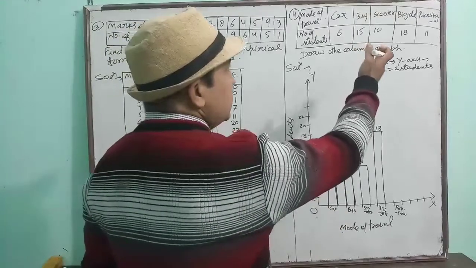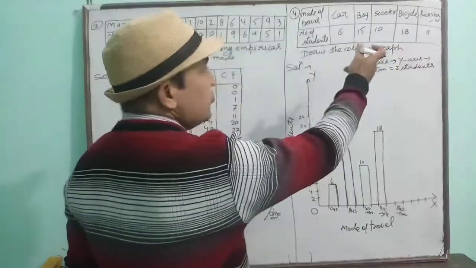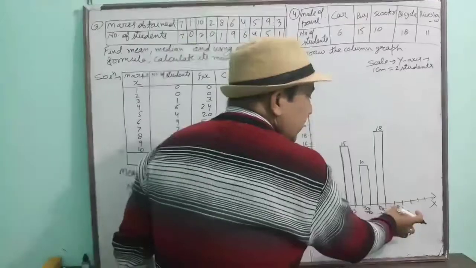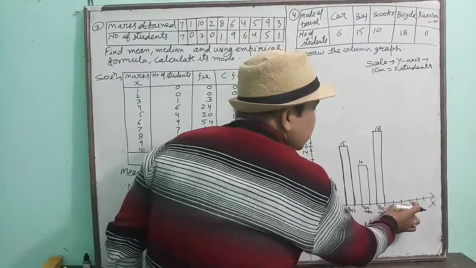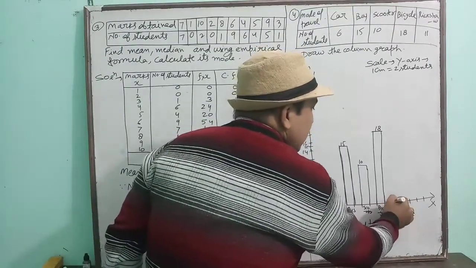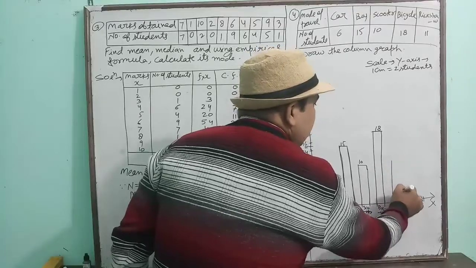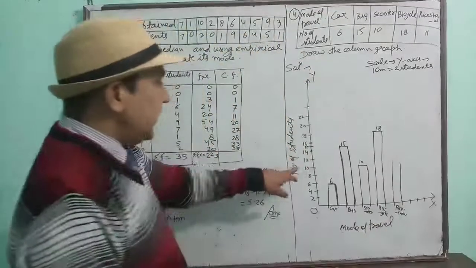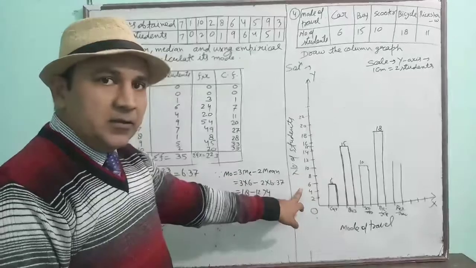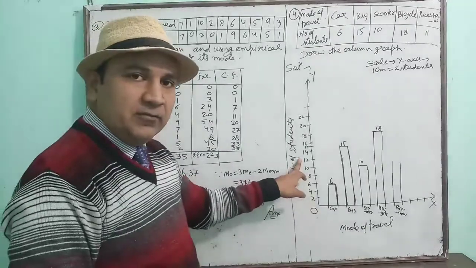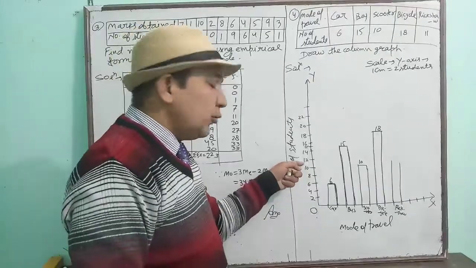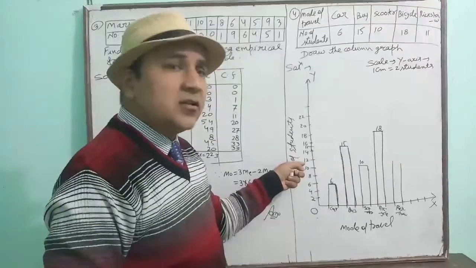The last one is rickshaw, represented by 11 students here. So how will you represent it on the graph? Again this box is representing rickshaw. So from both the sides you will draw the line. Again see 11 is not mentioned here. After 10 there is 12. So after 10, 1 you have to mark. And how will you mark?